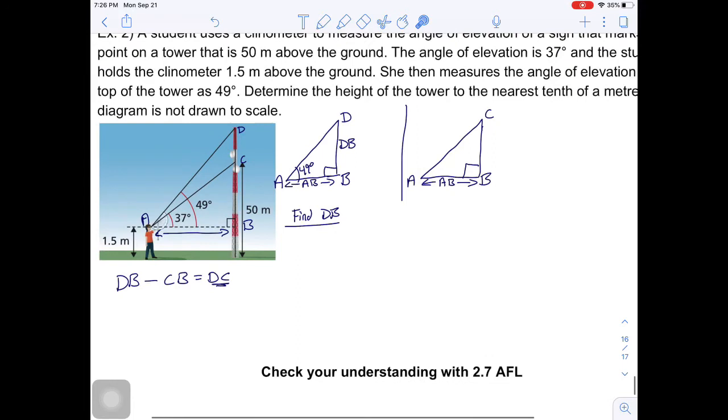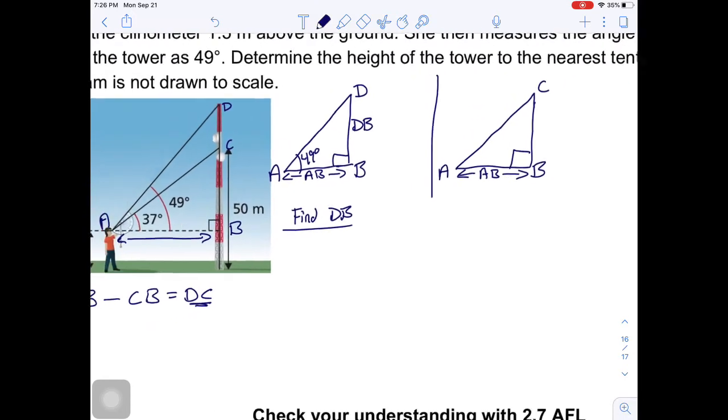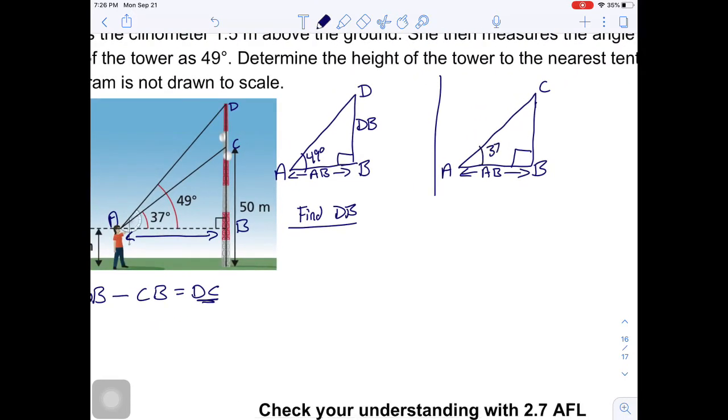So triangle ACB here, actually we can find that because we can just figure out what C to B is. We have an angle, therefore we can solve for a length. So this is 37 degrees.